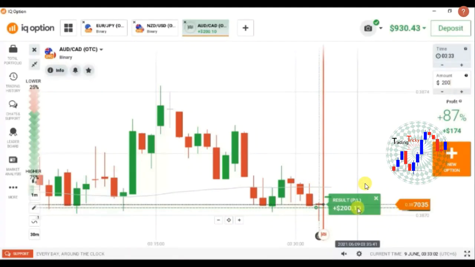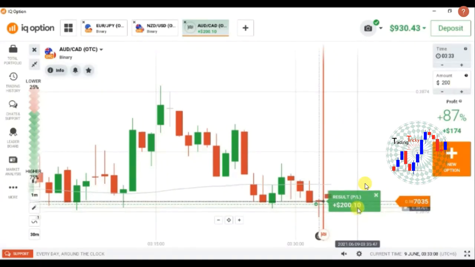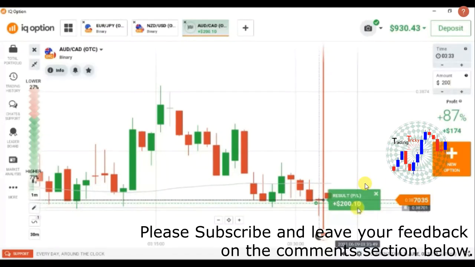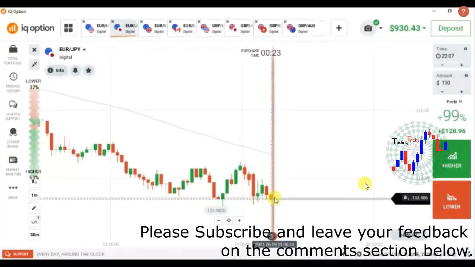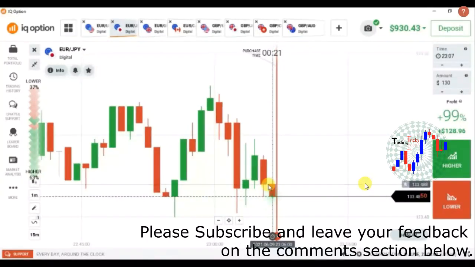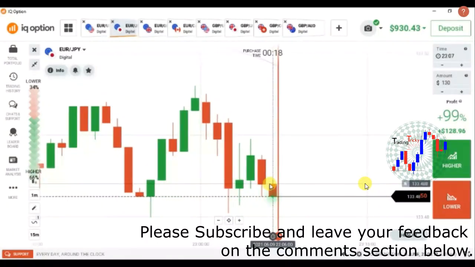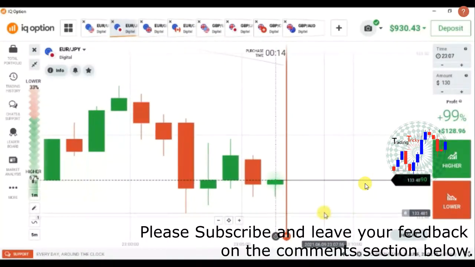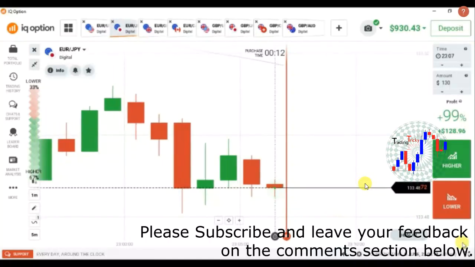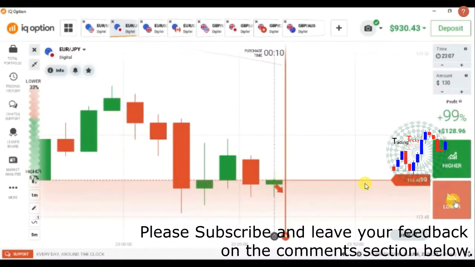So from 380, I already have 930, but I'll try to place one more trade here. If I have a good chance, then I'll place a trade, but the market movement is not good.